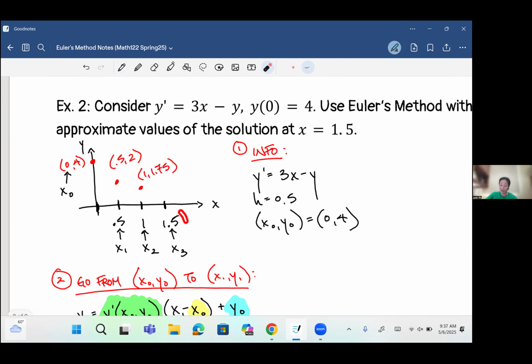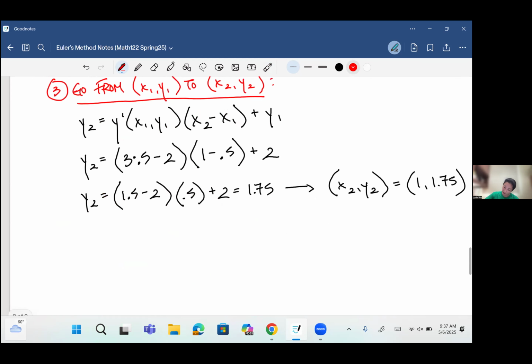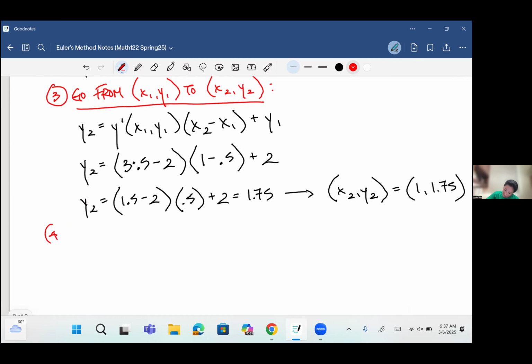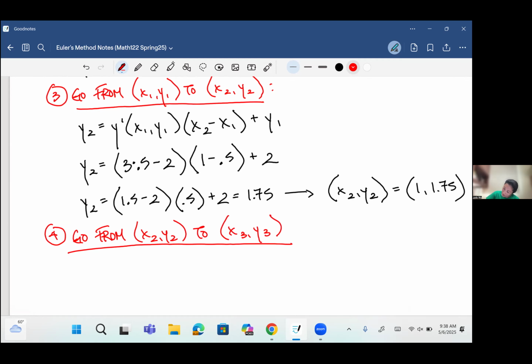Okay. Now we've got to go one more time to get to our x3 value, and then we'll get our y3 value, which is our approximate solution. All right. So step 4. Now we're going to go from x2, y2 to x3, y3. Okay.